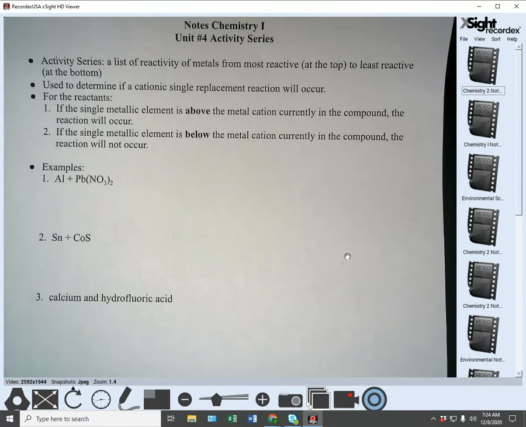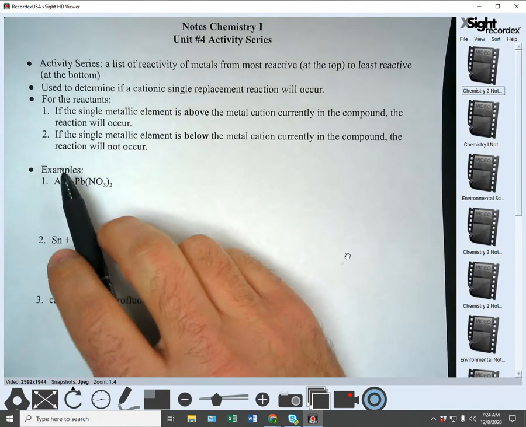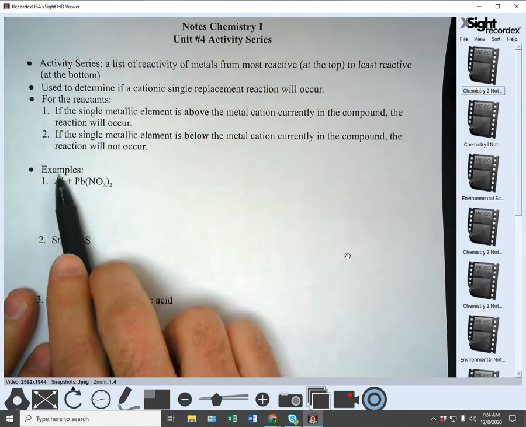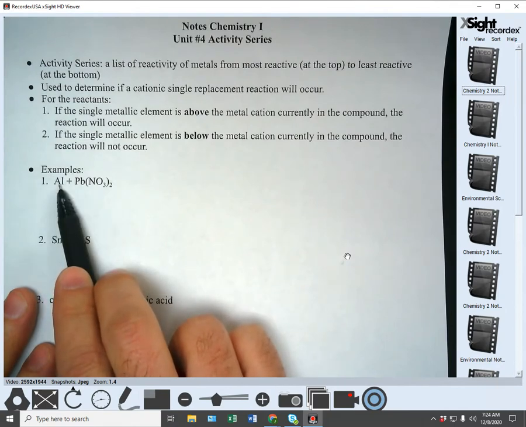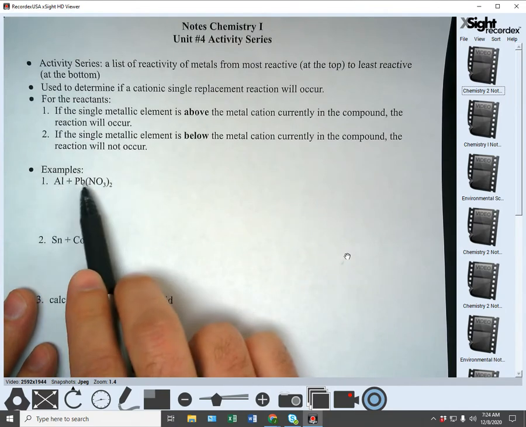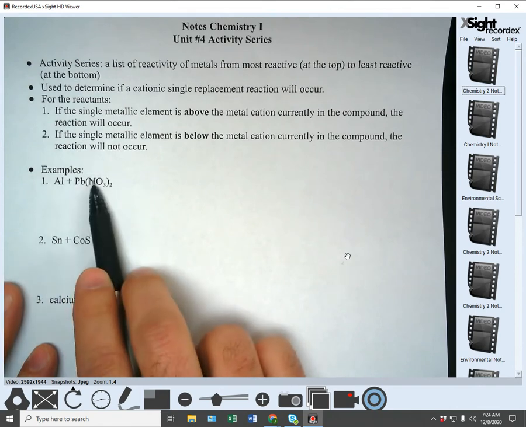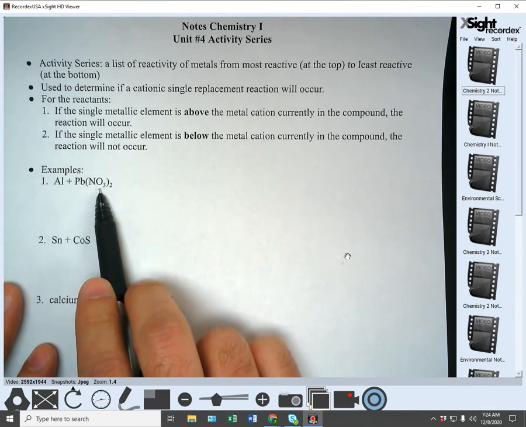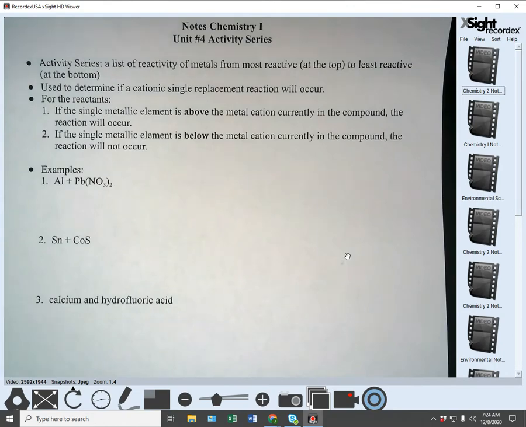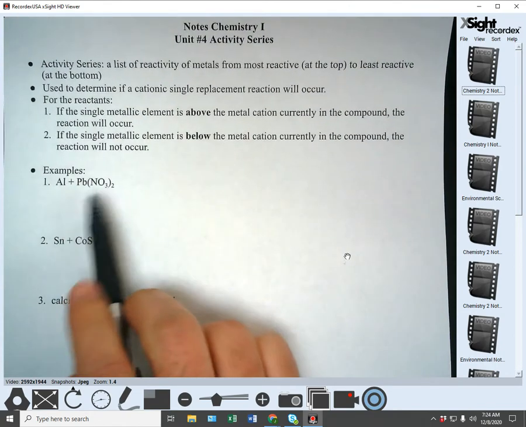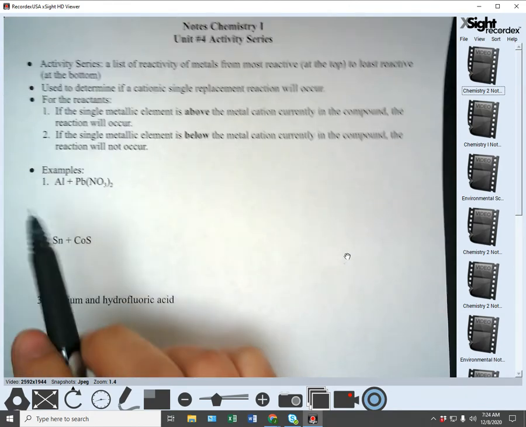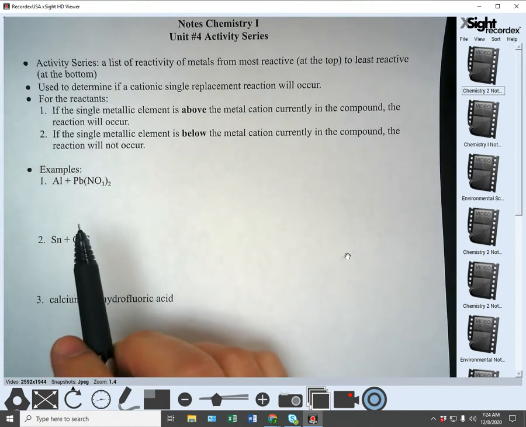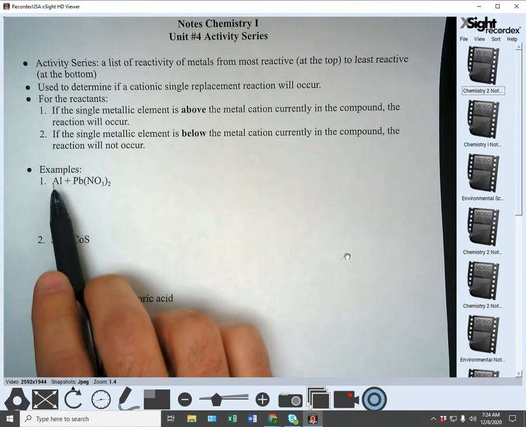The analogy I give for this is kind of weird, but it works. Imagine we've got a positive element by itself, and we've got a positive and a negative in our ionic bond, cation and anion. Imagine the compound, positive and negative, as a guy and a girl laying on a beach together. Now imagine the single element as a guy that walks up.